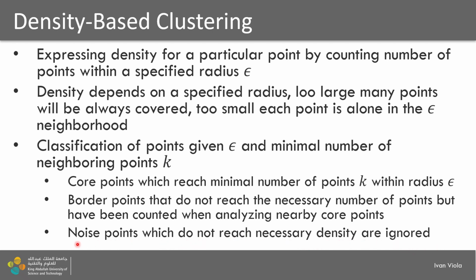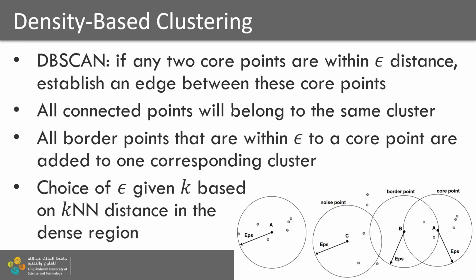So once we have established this classification for all our points, we can perform the density-based clustering. The most famous density-based clustering algorithm is known as DBSCAN, so you might hear this abbreviation sometimes.